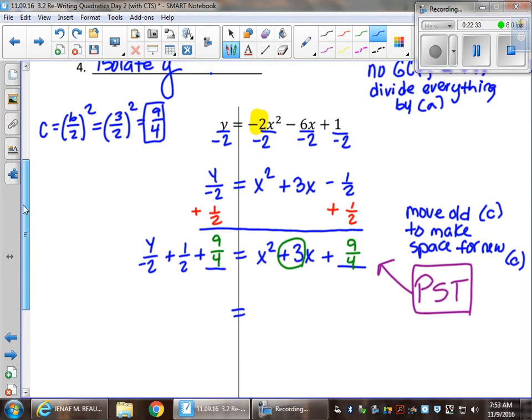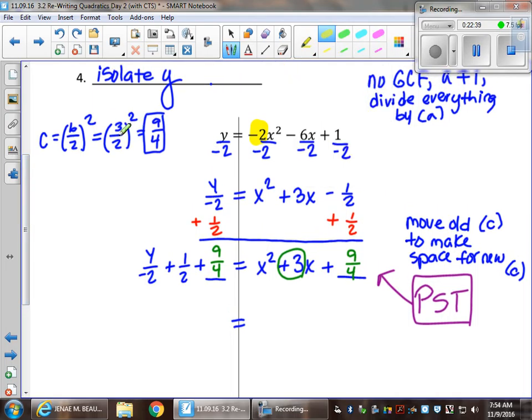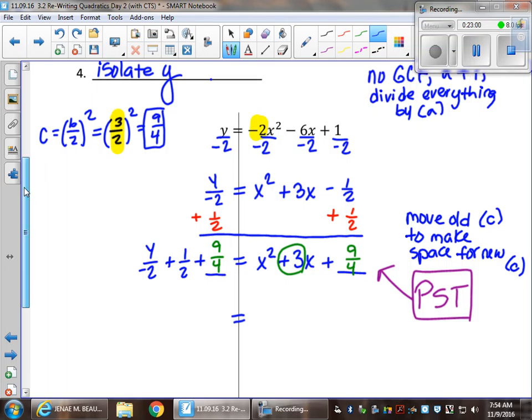So this is something I want to stress as important knowledge from yesterday. Please take your highlighter, highlight what's inside the square. That is what I use to write, that is what I use to factor. What you squared is what you write. Can you guys say that with me? What you squared. So what did I square here? Was that a positive or a negative 3/2?